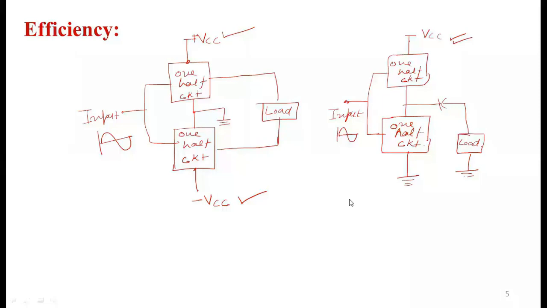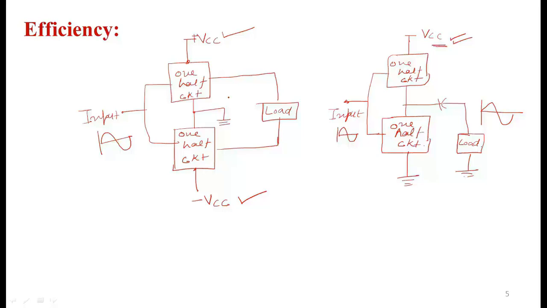So in the class B amplifier operation, the current drawn from a single power supply source has the form of a full wave rectified signal. So in this circuit, when we take the output to the load, it is of the form of full wave, and the power is taken from the one DC supply, that is this VCC.